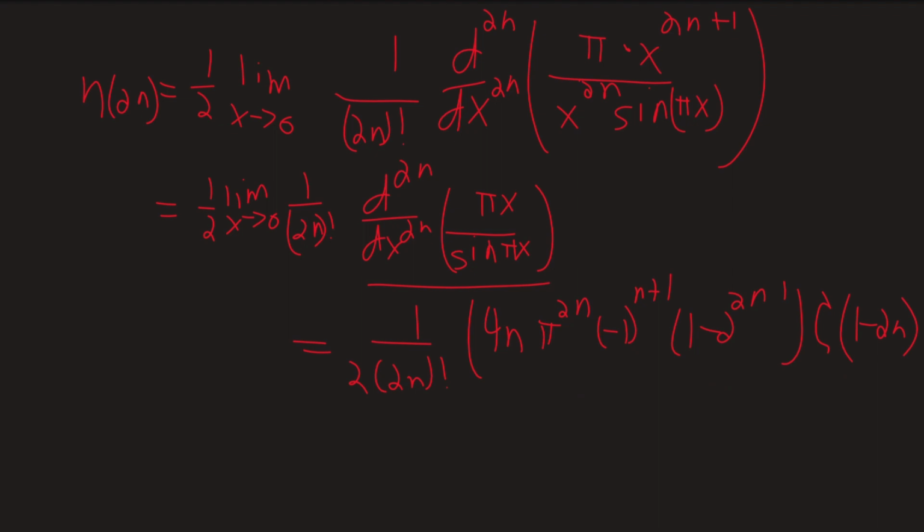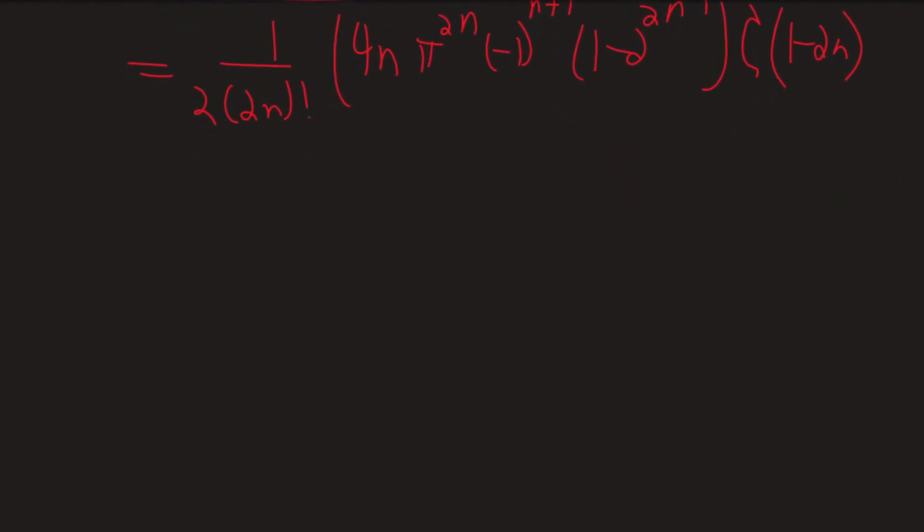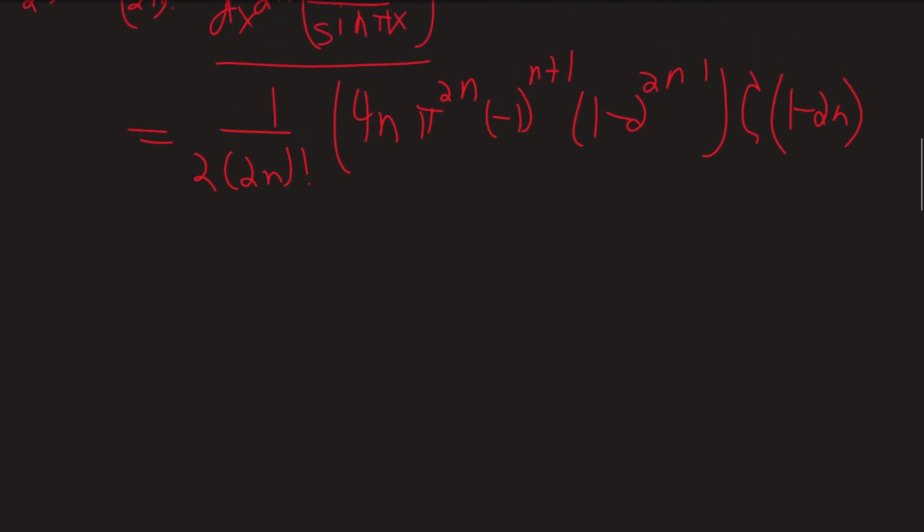And as such, what we can find with this is once we apply Riemann's functional equation, this simplifies quite a bit. But this is actually what I was staring at for quite a while last night.